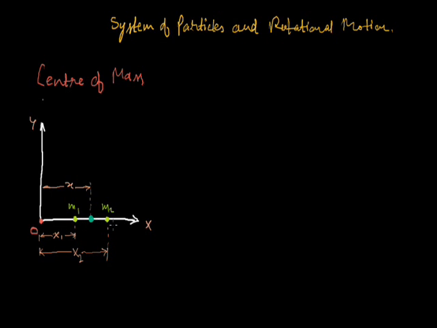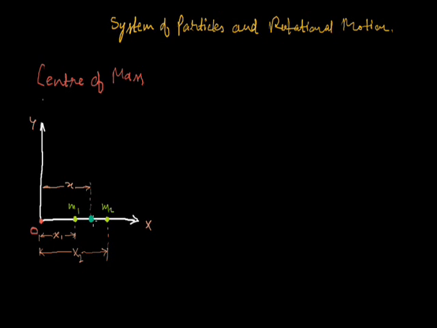In the figure, both mass particles lie along the x-axis at distances x1 and x2 respectively from the origin, our reference point. The dot between these two masses shows the position of the center of mass of this system.